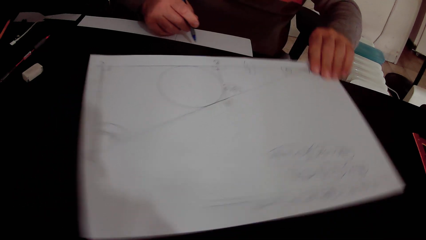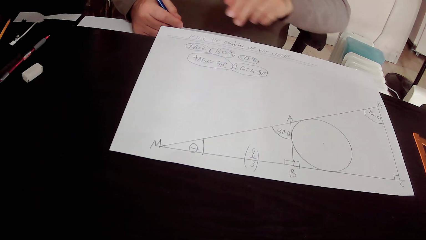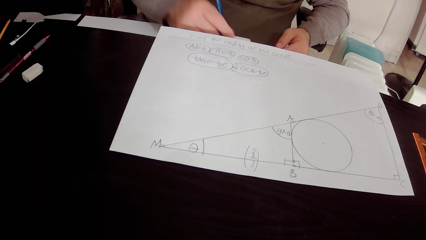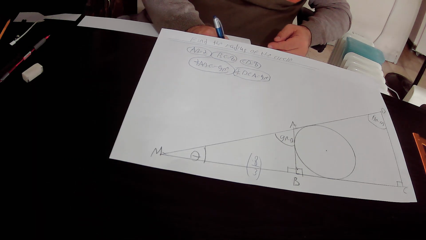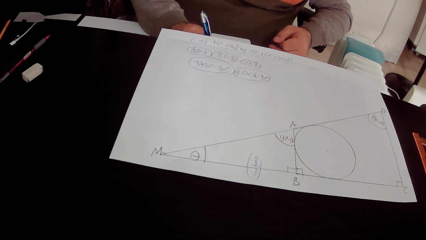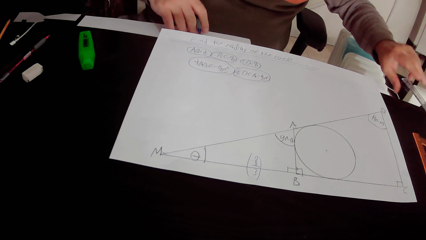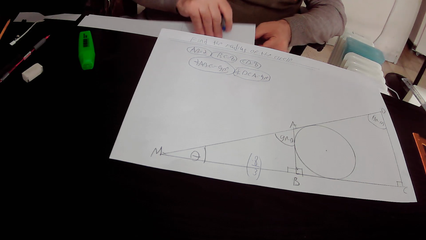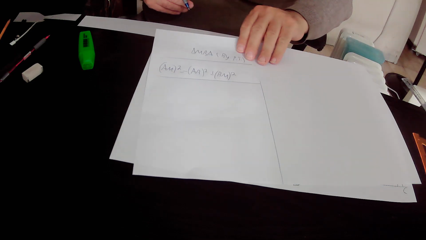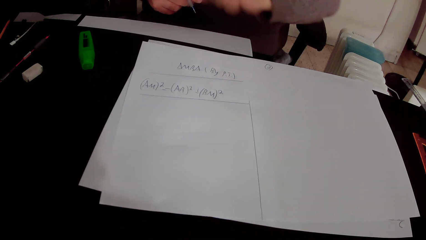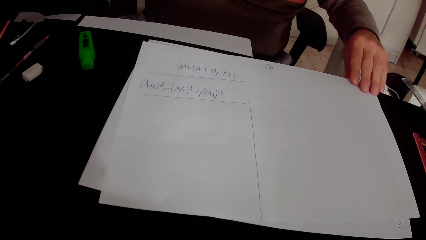The hypotenuse on this small right triangle MBA is AM, therefore the square of the hypotenuse is AM squared, and it must be equal to AB squared plus BM squared. Repeat again, according to the Pythagoras theorem, in the small right triangle MBA, AM squared equals AB squared plus BM squared.